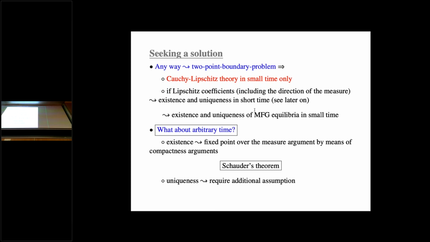These are the Schauder theorem, and I'm going to recall what a Schauder theorem is. But once again, if you go to many papers in mean field games, you will find either the Schauder or the Kakutani theorem. These are classes of theorems for which you get a fixed point without using contraction. So just by some topological arguments, you can get existence of a fixed point, but you don't know uniqueness.